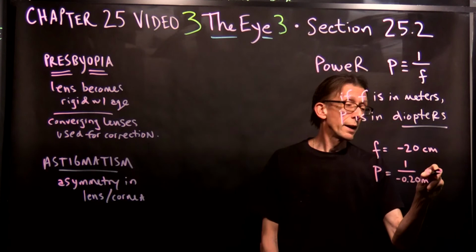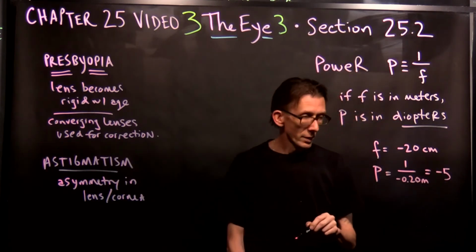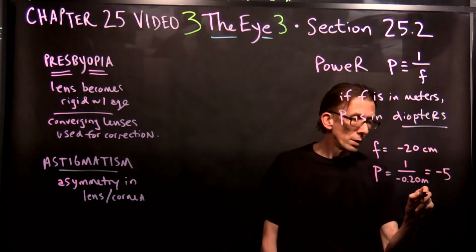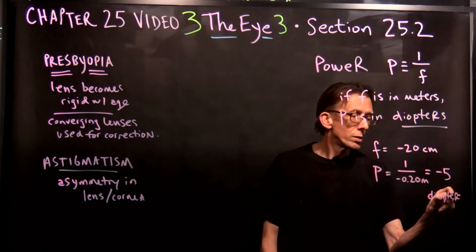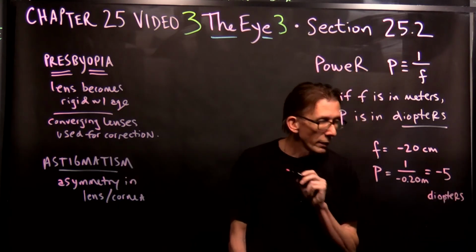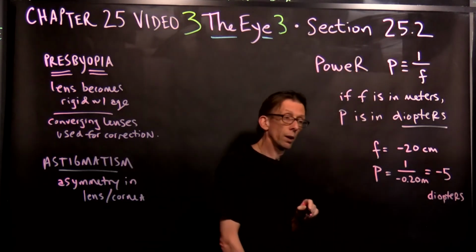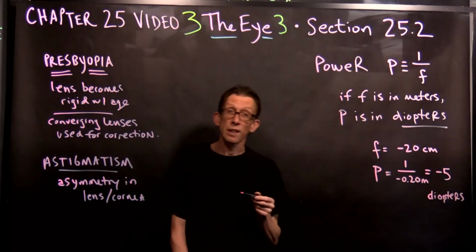That would be -5. Is that showing up? Yes, -5 diopters. And that barely fits in there nicely. Okay, so power is measured in this thing called diopters.